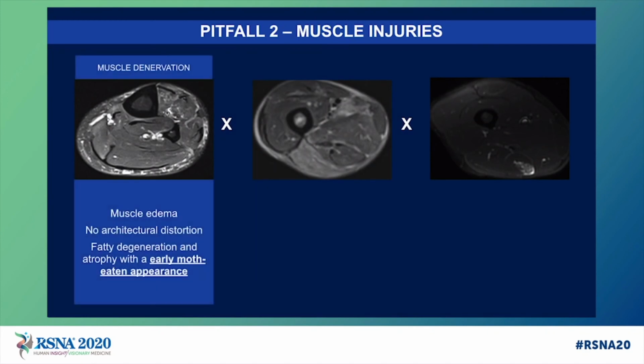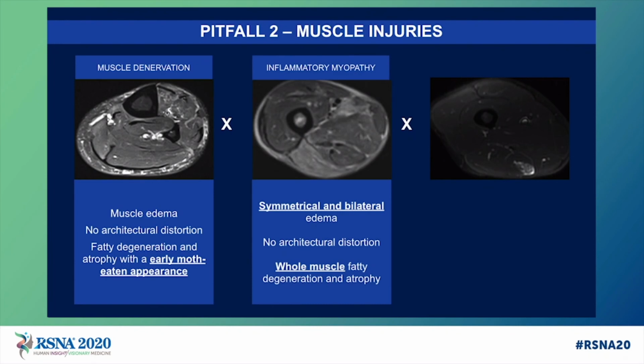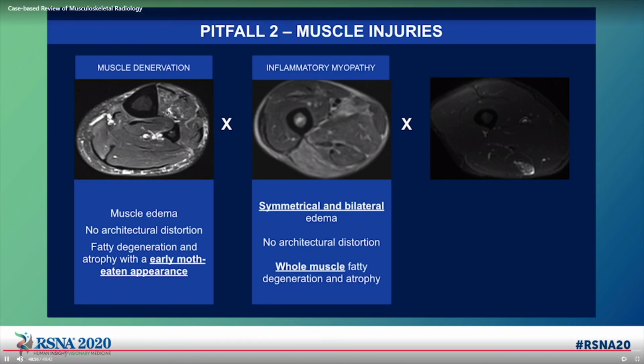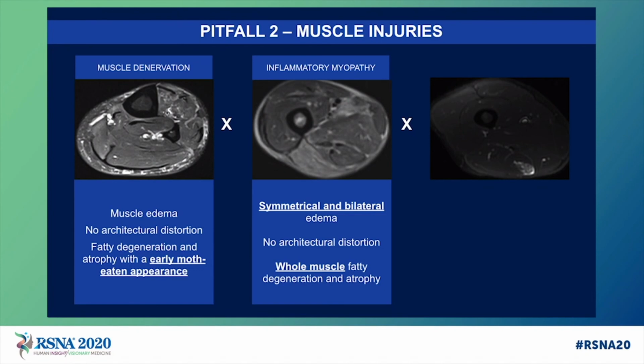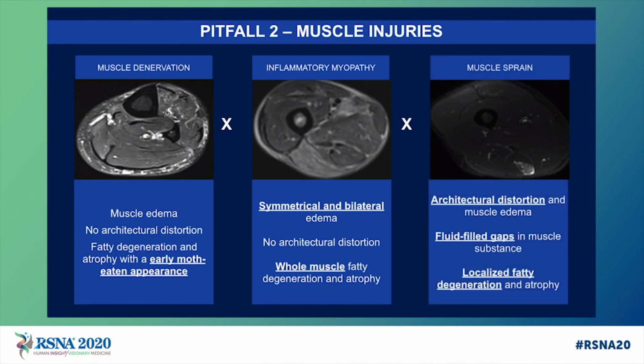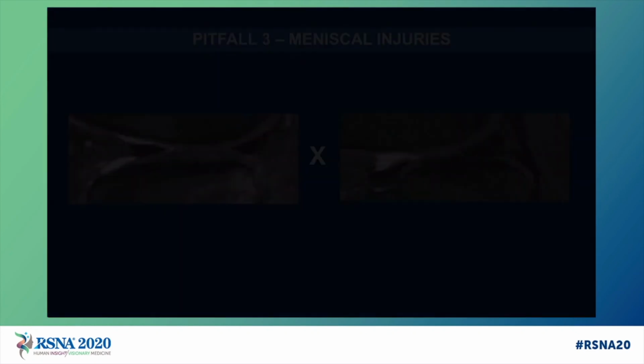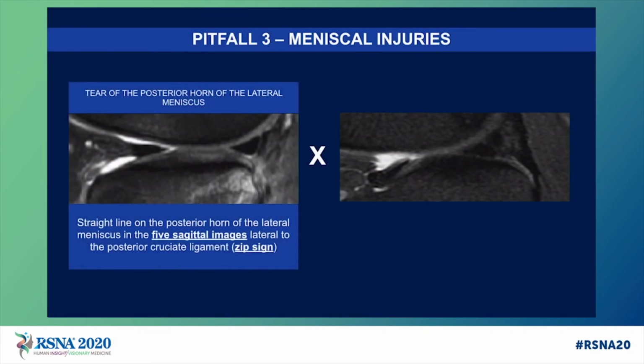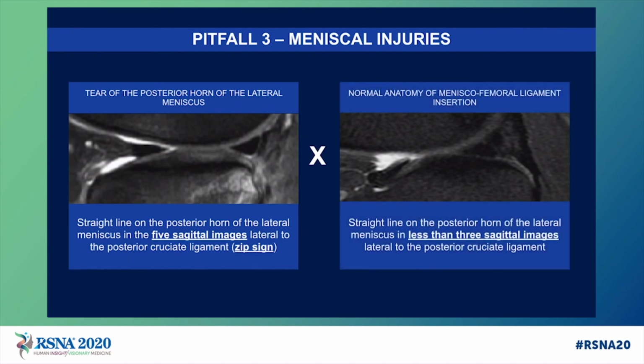On muscle injuries, the early moth-eaten appearance of a muscle denervation, the symmetrical bilateral edema and the whole muscle fat degeneration of inflammatory myopathy, and in muscle sprain, architectural distortion, fluid-filled gaps, and the localized fat degeneration. And related to tears of the posterior horn of the lateral meniscus, always remember the zip sign, and pay attention to the normal anatomy of the meniscofemoral ligament insertion.